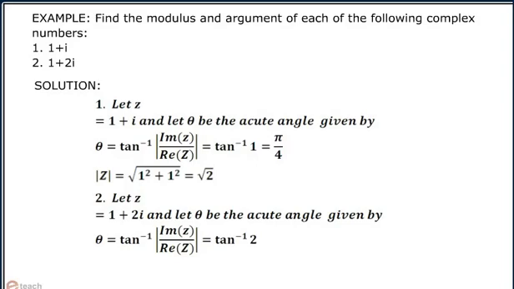Therefore, the argument is theta equals tan inverse 2. And the modulus of this complex number is given by mod z equals under root of 1 square plus 2 square, which is equal to under root of 5.